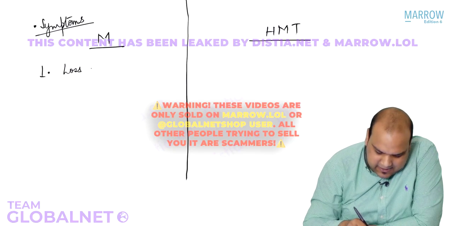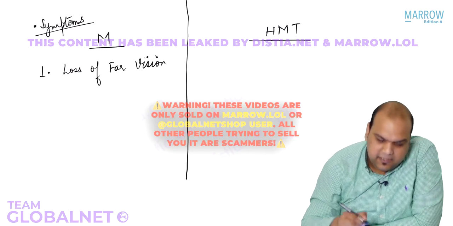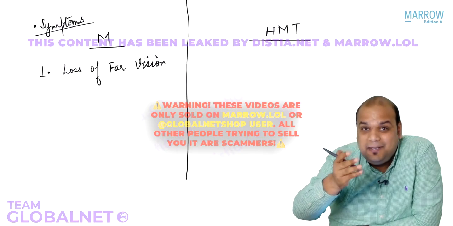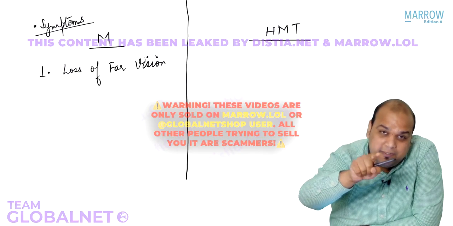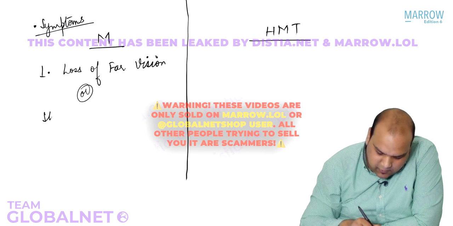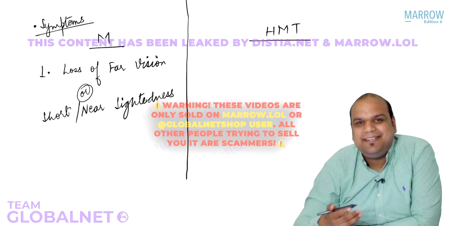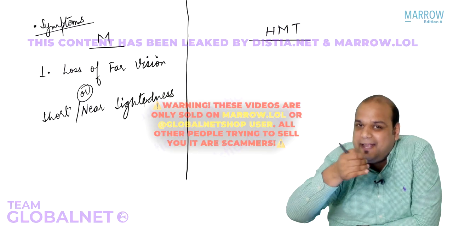So myopia presents with loss of far vision. The patient cannot look at a far object. But though the patient cannot look at a far object, near vision is clearer. That is why it is also known as short-sightedness or near-sightedness. I hope there is no confusion in this. I can't look at far, but I can look at near.